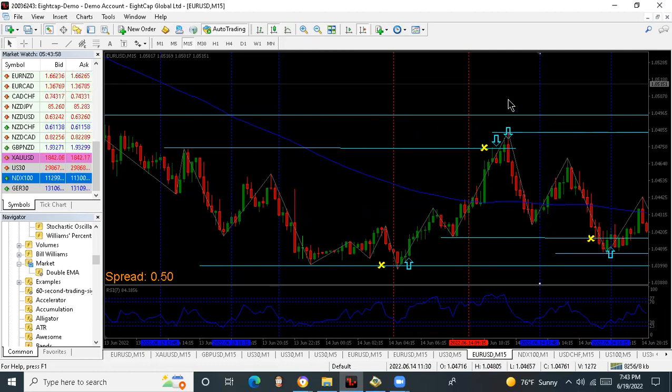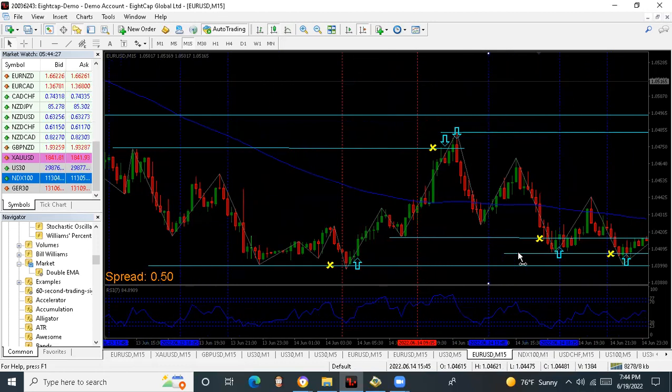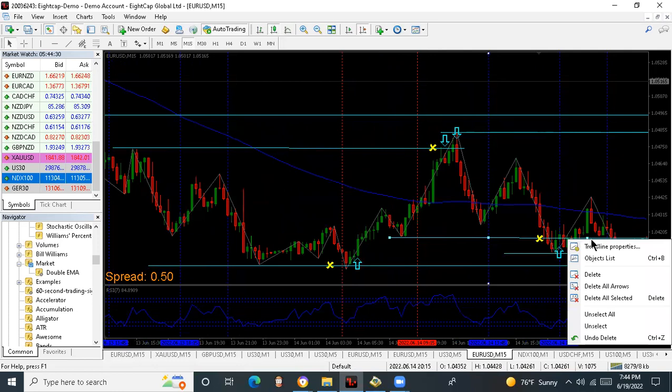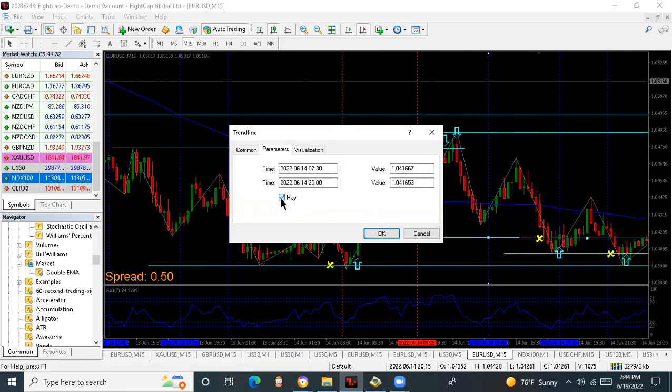So here and here. Now, that level's gonna be the target for these buy trades, okay? Now, this was filled and breached there, okay? And what I'm gonna do is make that trend line, okay?